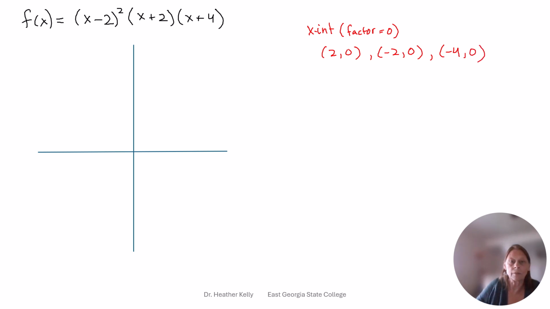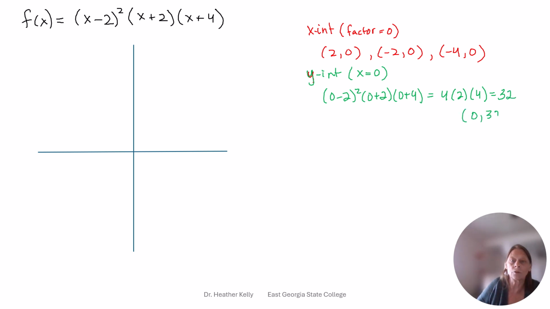Our y-intercept, I'm trying to be color coordinated here. Our y-intercept, that's when x is equal to 0, and we plug that in. We have 0 minus 2 squared times 0 plus 2 times 0 plus 4. That is 4 times 2 times 4. That's 16 times 2, which is 32. So that gives us the point 0 and 32.